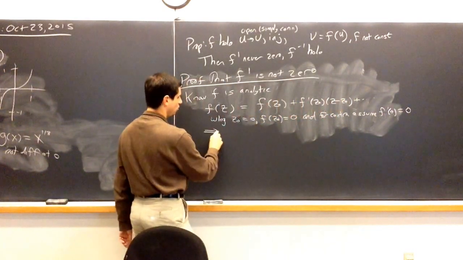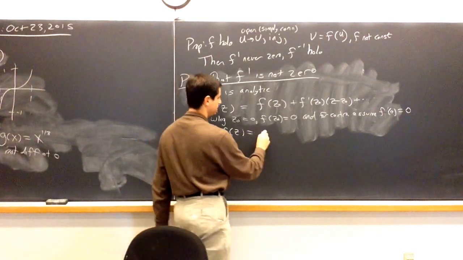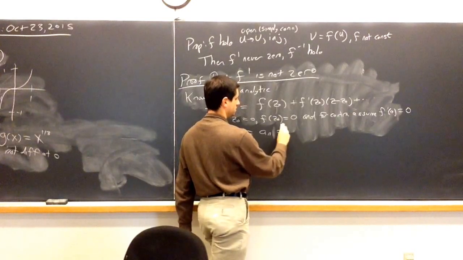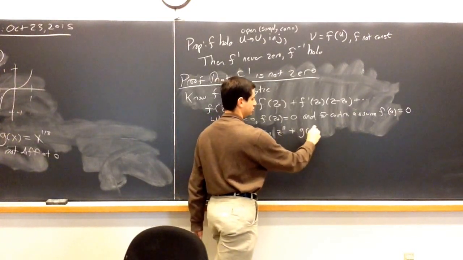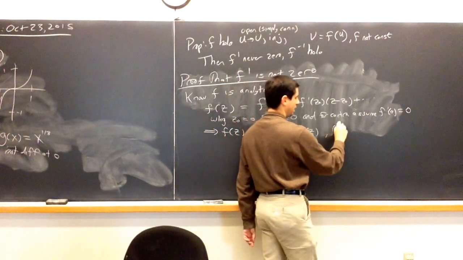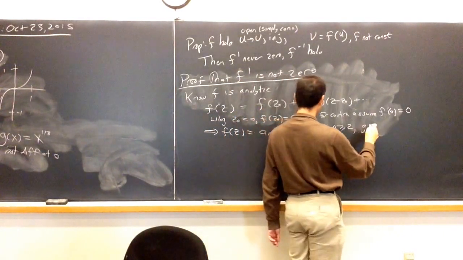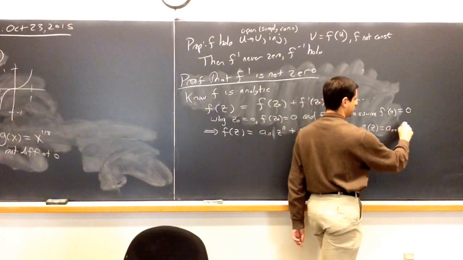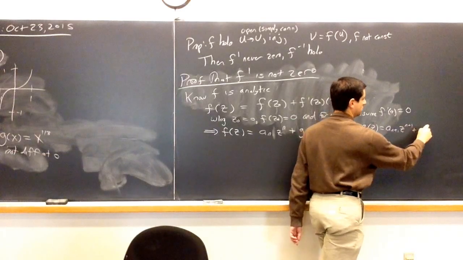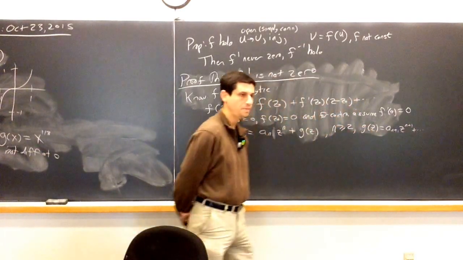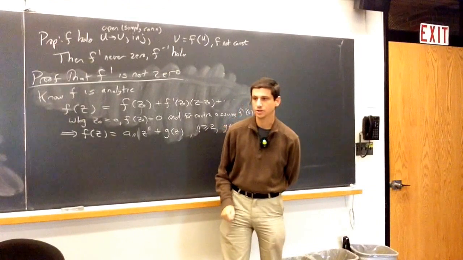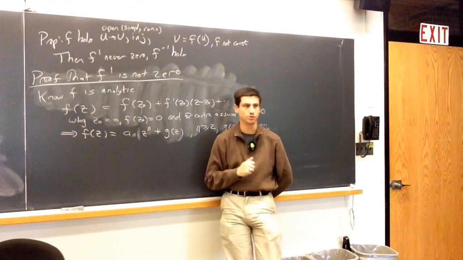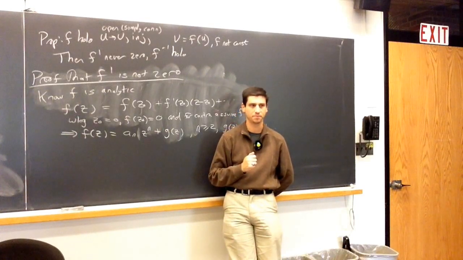Therefore, we have the setting f of z is equal to a_n z to the n plus, say, g of z, where n is greater than or equal to 2, and g of z is a_{n+1} z to the n plus 1, plus dot dot dot. So we have some expansion like this, where n is greater than or equal to 2. And we want to prove that this can't happen.